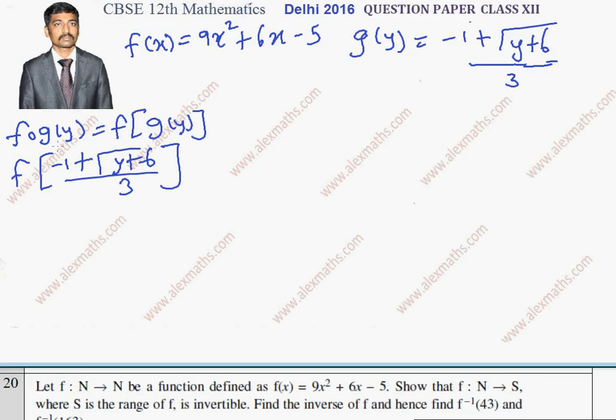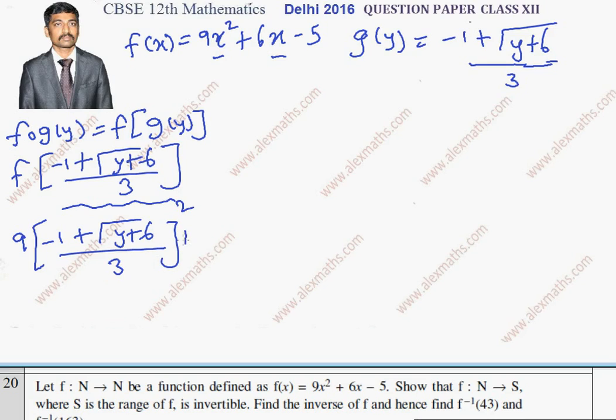Now this whole term is considered as x, and we have to substitute in the f of x. So that is going to be 9 into minus 1 plus root y plus 6 by 3 whole square plus 6 into minus 1 plus root y plus 6 by 3 minus 5.